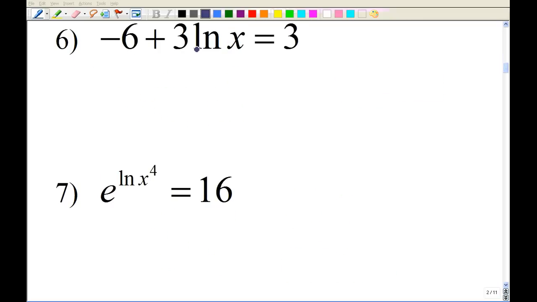Number 6, negative 6 plus 3 ln of x equals 3. I'm going to start out by adding 6 to both sides to get this 6 out of the way. So I'm going to have 3 ln of x equals 9. Well, I can divide both sides by 3, so I've got ln of x equals 3.